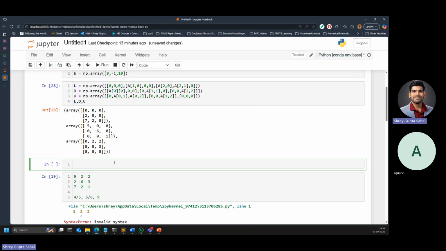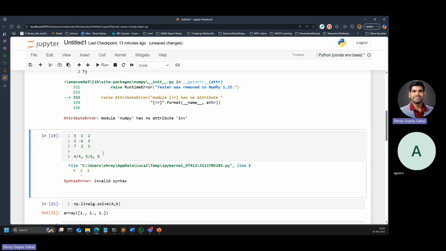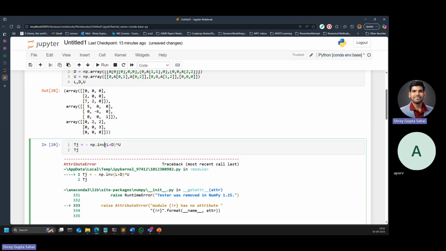So Jacobi, T Jacobi is minus L plus D, np.inverse, into U. What is TJ? What is wrong? np.inverse is not defined.